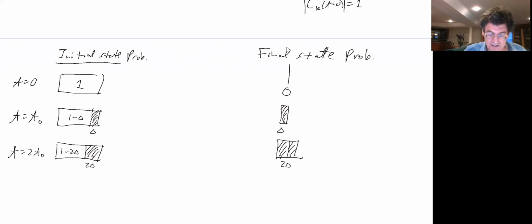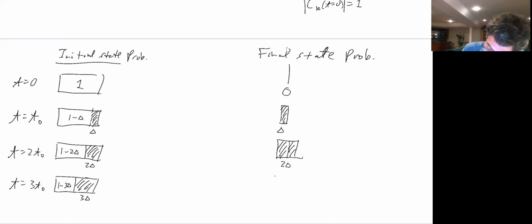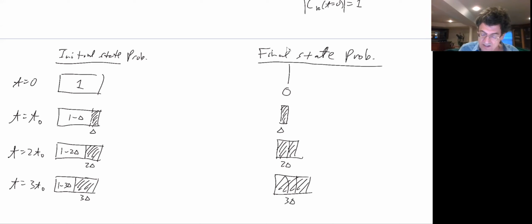It's increasing linearly in time, etc. And then at t equals 3t naught, it'll be 3 delta, and I have 1 minus 3 delta. So I'm losing it linearly and I'm gaining it here. So I want you to visualize a flow of probability from the initial state to the final state.